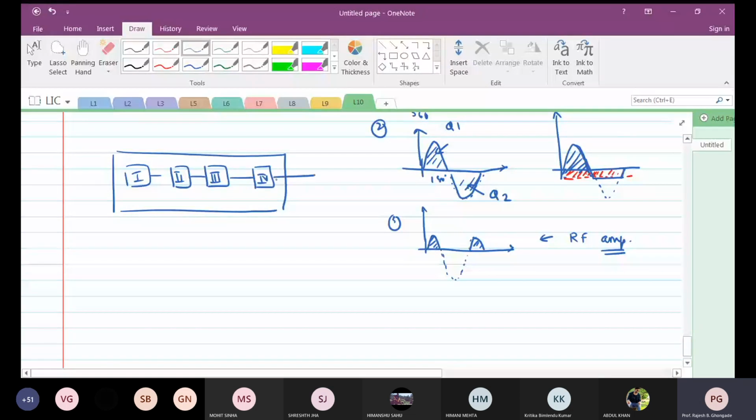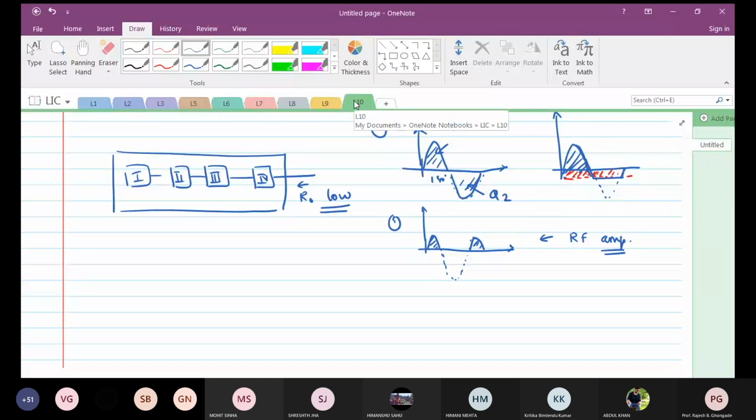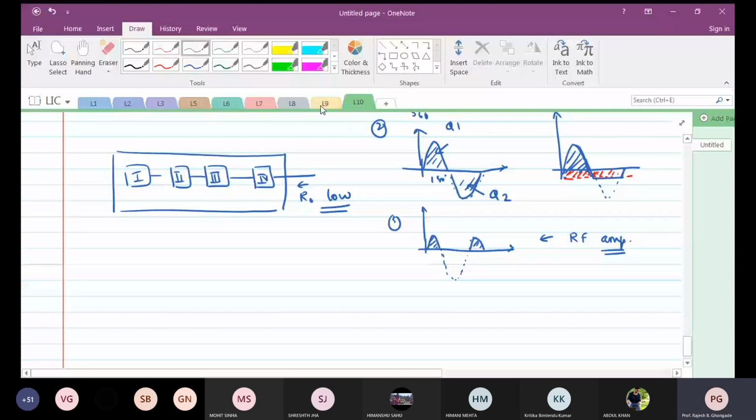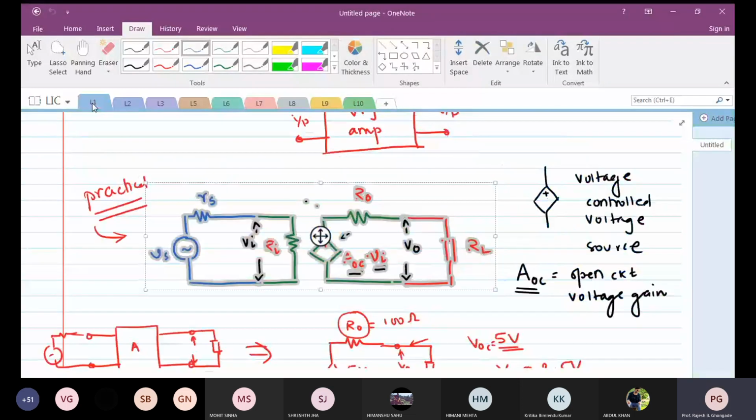So the output impedance is low, whether it is good or bad. Look at the very first lecture.